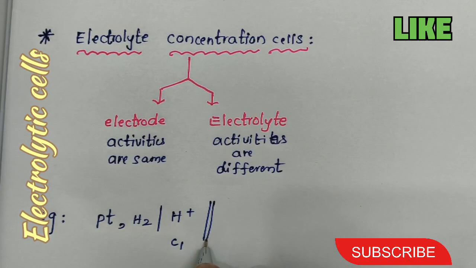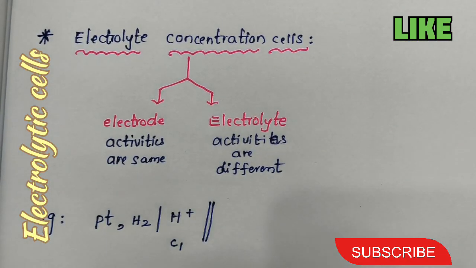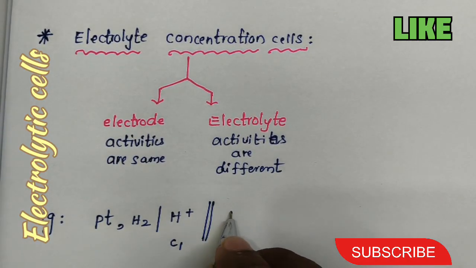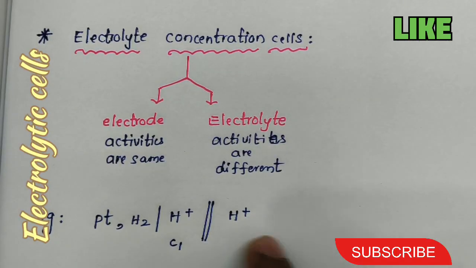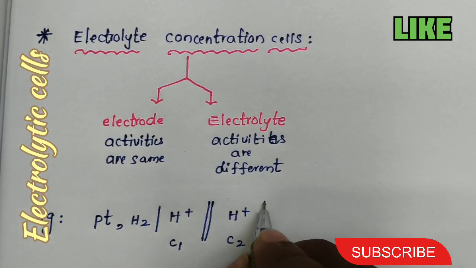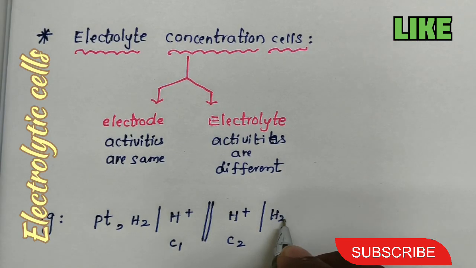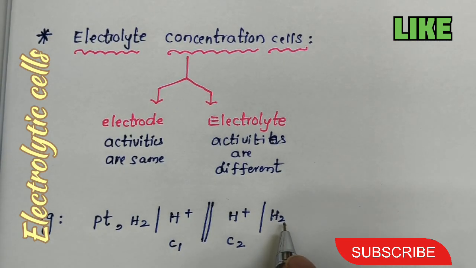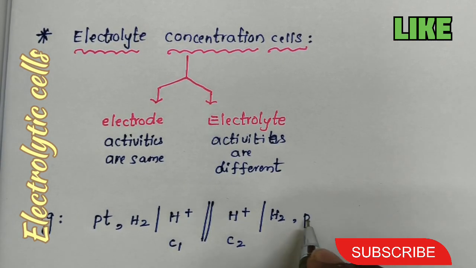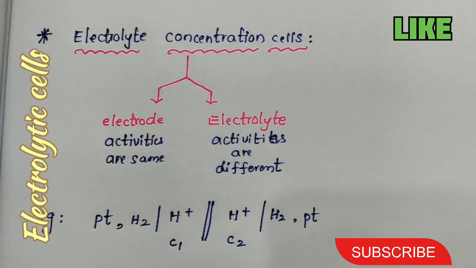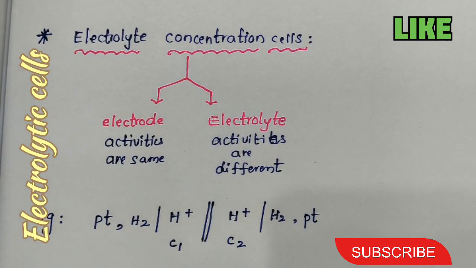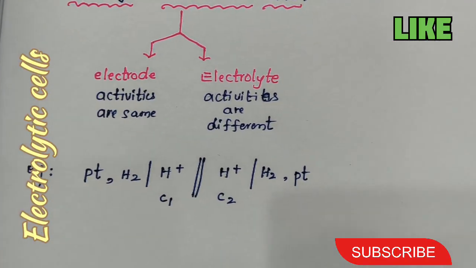Here the double vertical lines represent the salt bridge. Next, another cell has C2 concentration of H plus ion, converted into hydrogen. It is also a platinum electrode. Platinum electrodes are inert electrodes only.